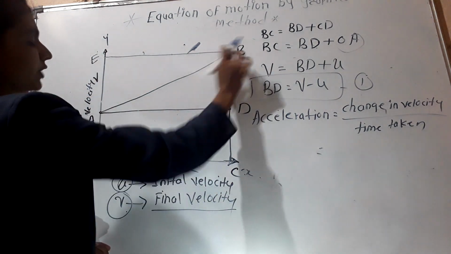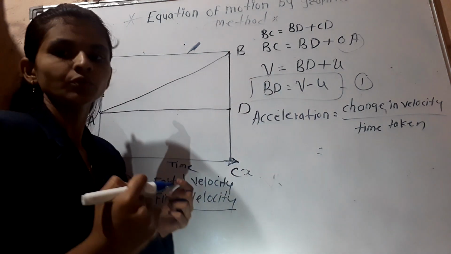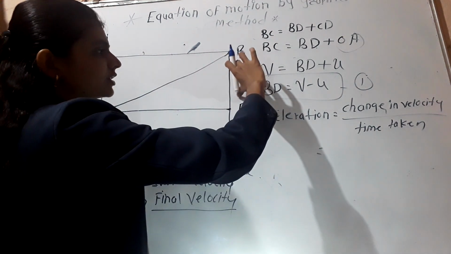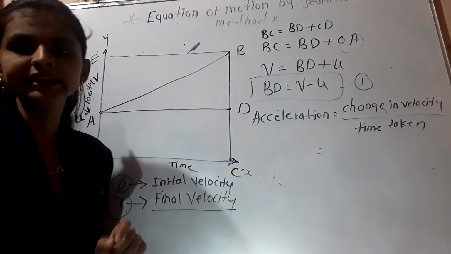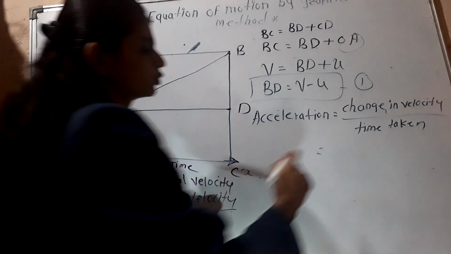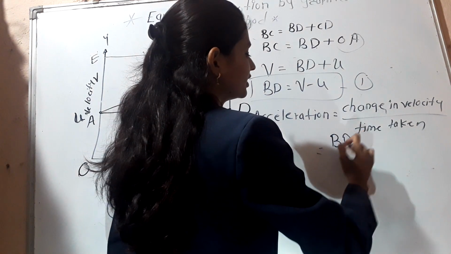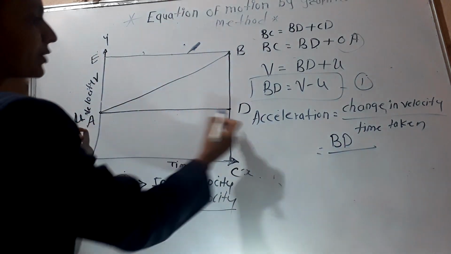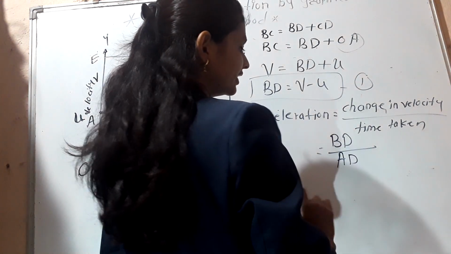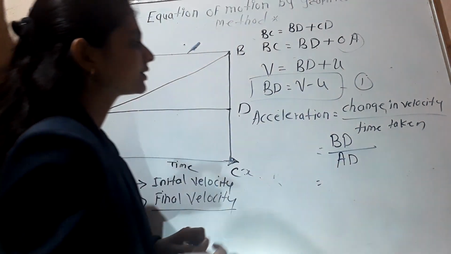A to B is the change in velocity. The rise in velocity, or the change in velocity, is denoted by the height, that is BD. So the change in velocity is BD. Time taken is time A to D, that's why the time taken is AD.